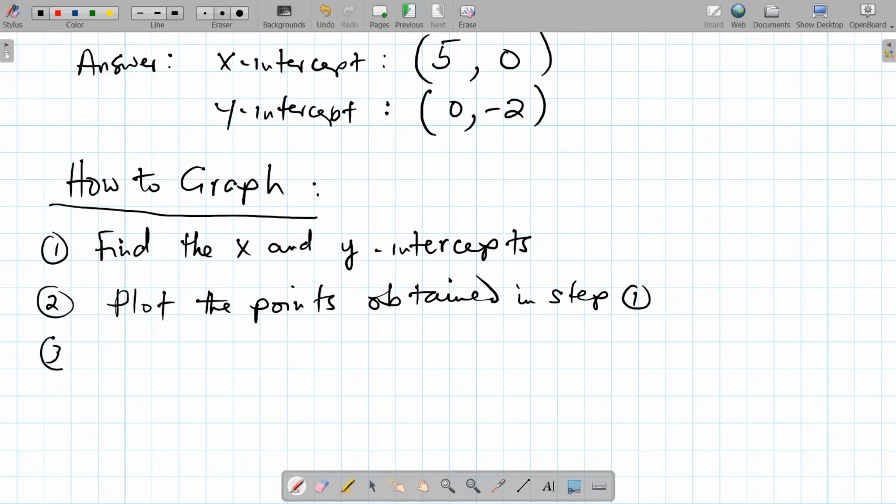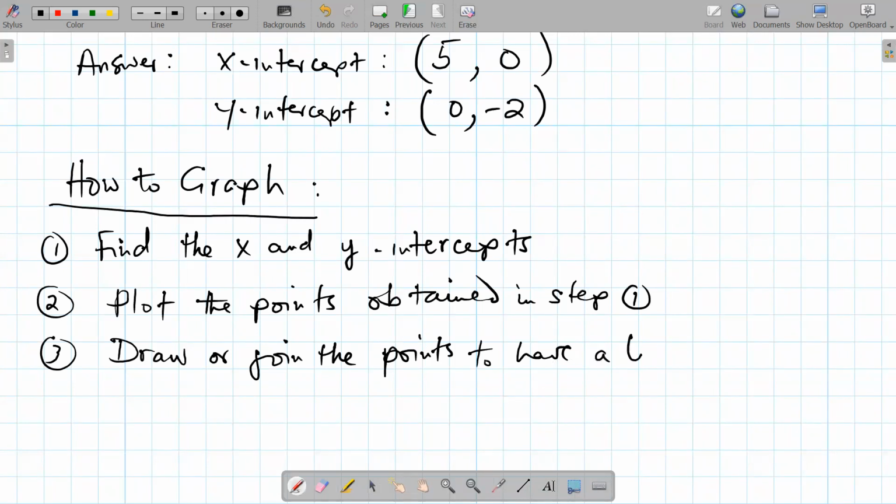And then what you got to do next will be to now draw or join the points to have what we call a line of best fit.